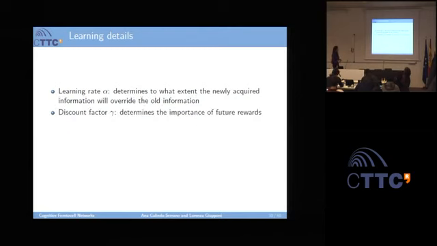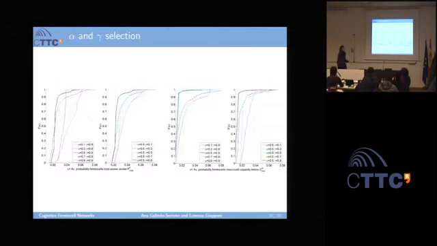The other parameter is the discount factor, and this determines the importance you give to future rewards. As we saw, reinforcement learning algorithms aim to maximize the future rewards, or to minimize the cost. So these two parameters determine how fast and how well the learning algorithm learns.